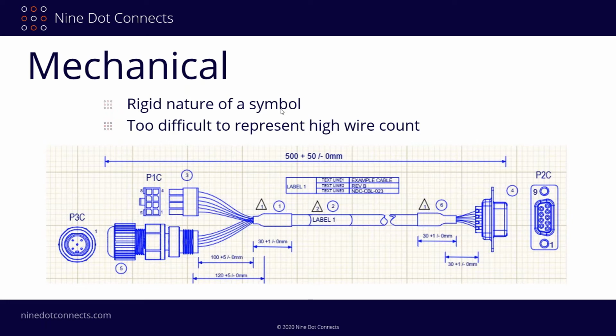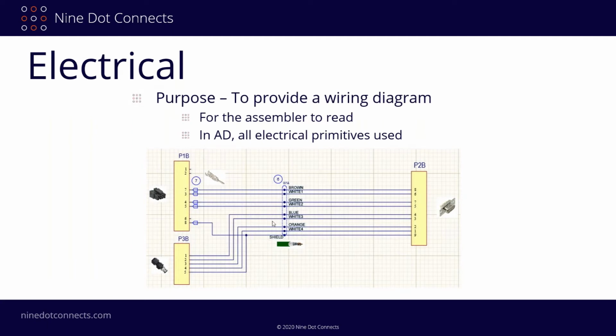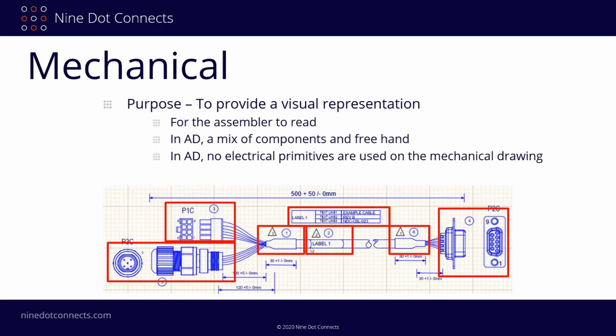So I'm actually going to jump back up here, because this is a better way to look at it. From an electrical point of view, it makes all the sense in the world to have the cable represented. But from a mechanical point of view, these things are just simply drawn in. That gives us a lot of flexibility to make this longer or shorter.